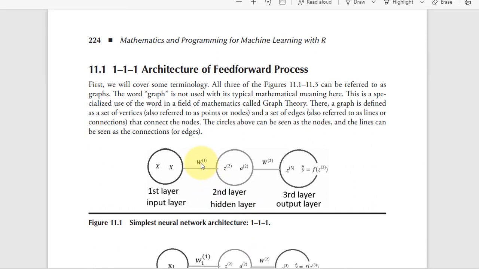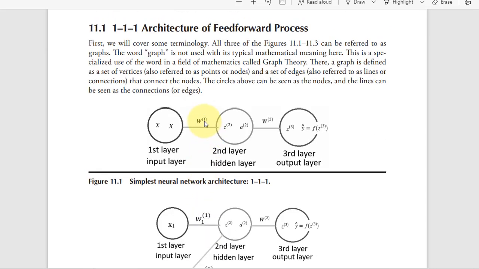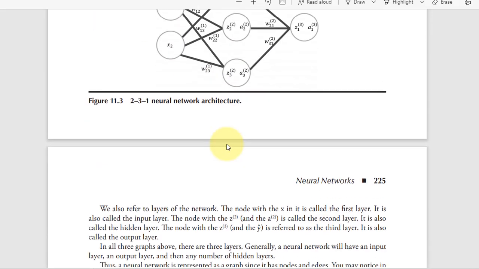We've said that sometimes capital letters will be matrices. So this could be a matrix, but actually in this case, capital W will be a matrix, but here we could call it a matrix, but since it only has one value in it, we could also just call it a number. So I'm doing that in the equation. So it's just this number times this number gives us this number, Z2, Z with the 2 at the top. So that's what we have here.